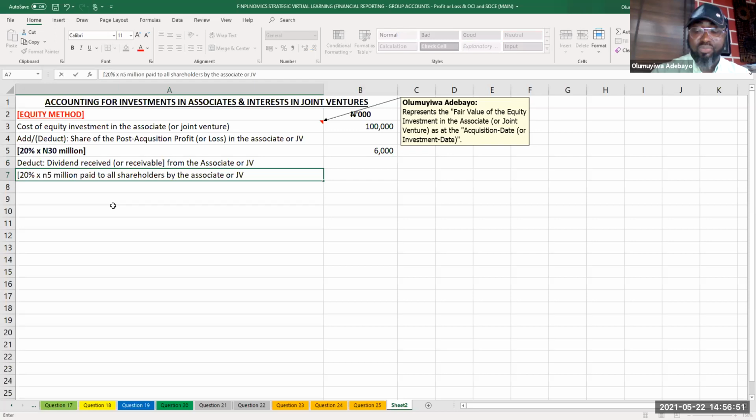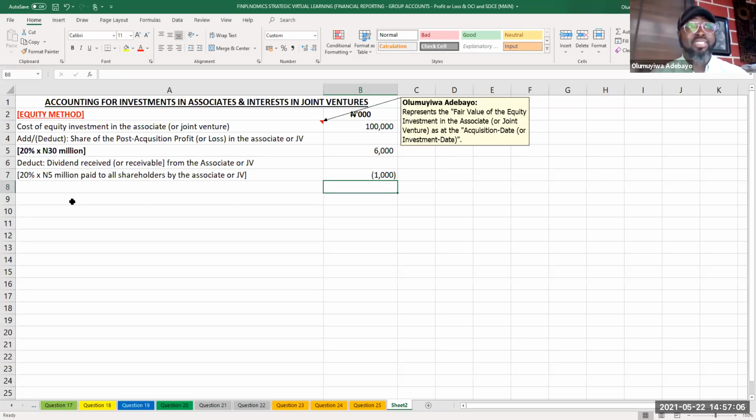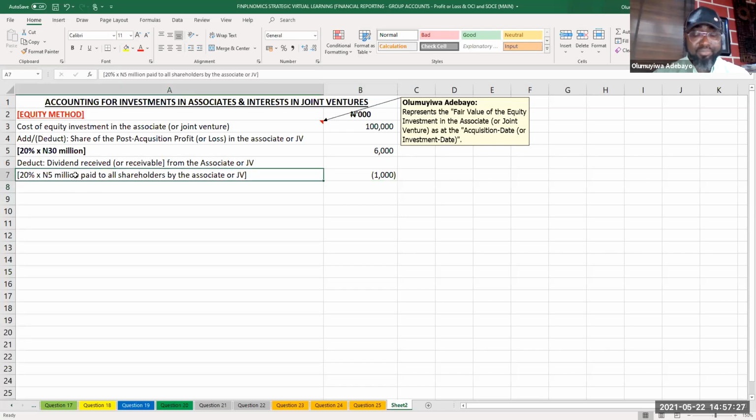Therefore, what do you do? It is a portion that is due to you, so be wary of how the information is presented. If the information is presented with respect to the fact that 5 million was paid by the associate, it means your percentage there is 1 million. But if the information is presented in such a manner that says the dividend you received from associate is 5 million, you are not finding a percentage, because you can't be receiving on behalf of others. What you have received is solely for you. In that case, you deduct 5 million. Okay.